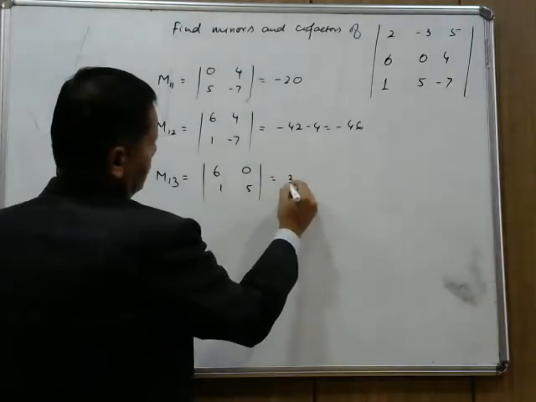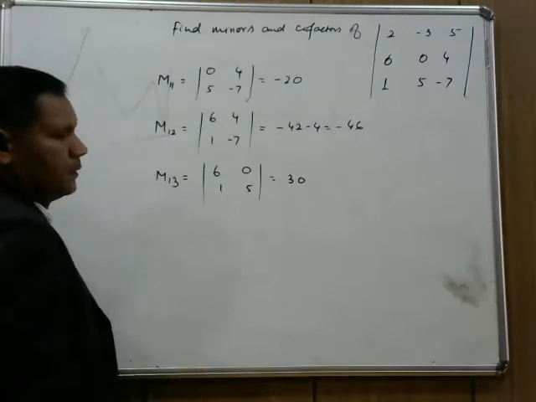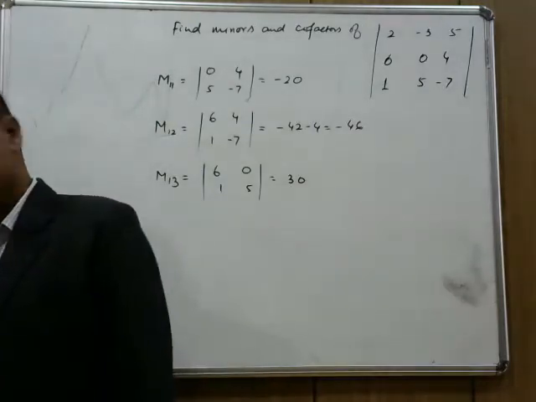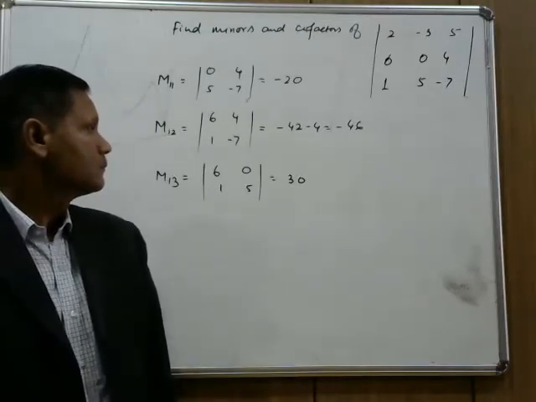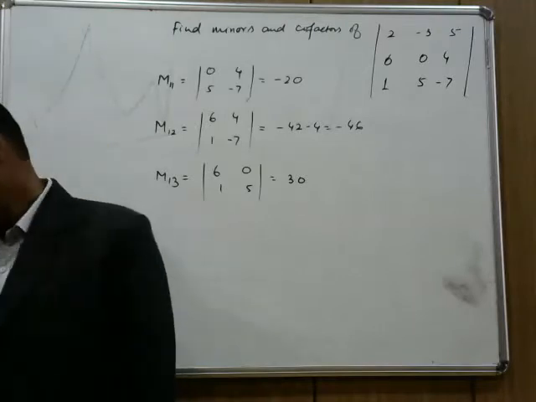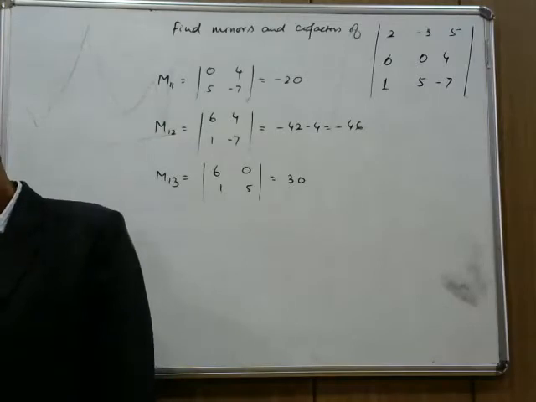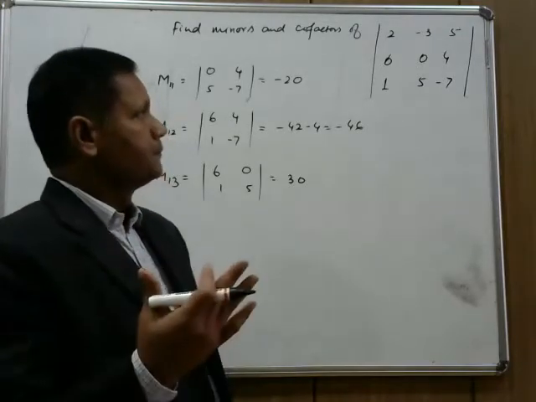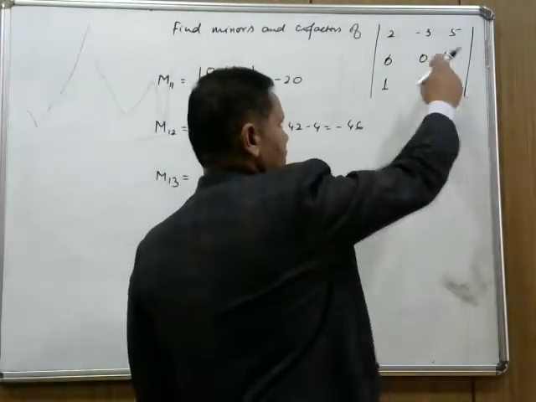That is equal to 30 minus 0, 30. Alright. So now M12 is minus 46, M13 is 30. Similarly, we will find out the minors of the rest of the elements.